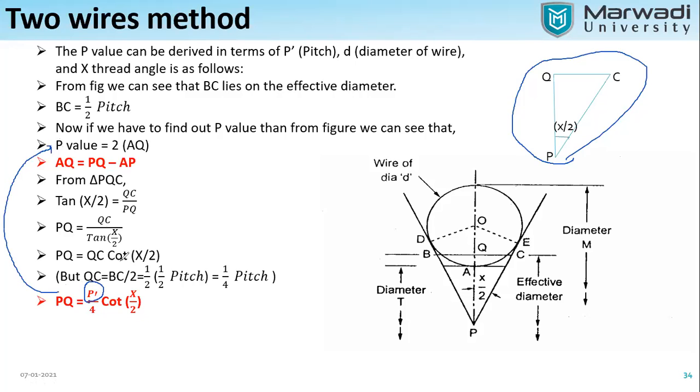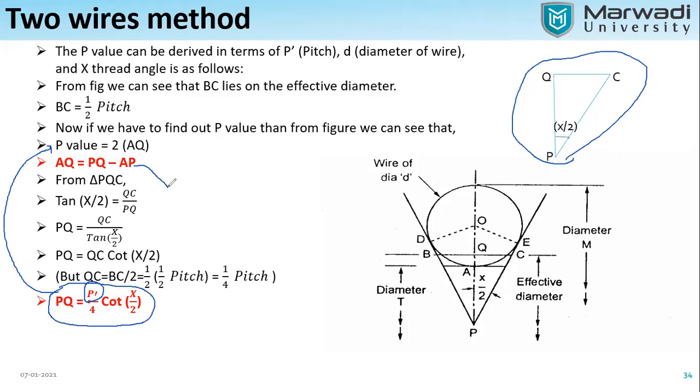So P dash is the circular pitch. Our final answer of PQ is P dash by 4 cot x by 2. So one answer we got for PQ.